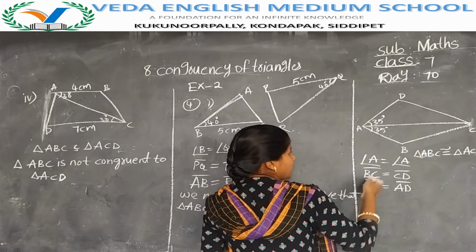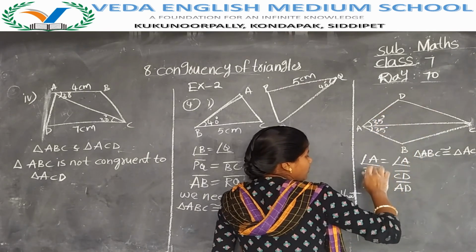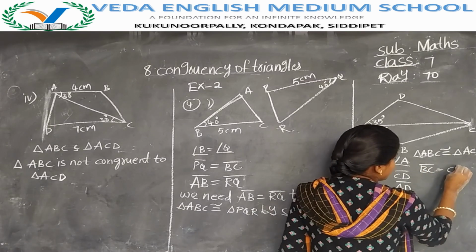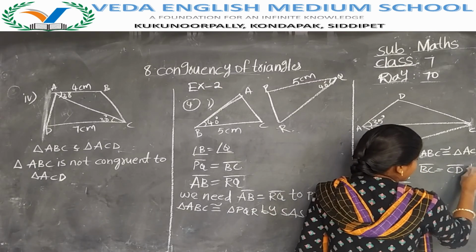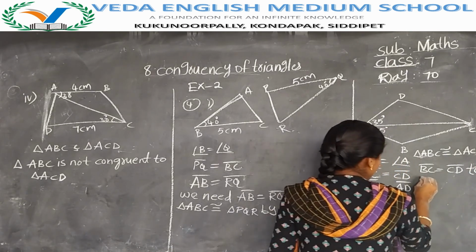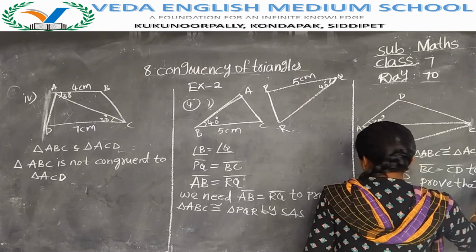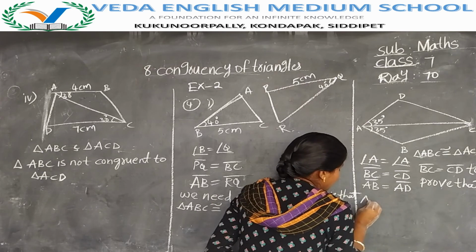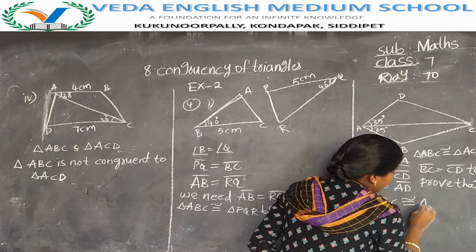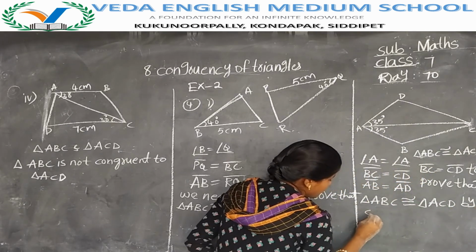Both angles are given, these two sides are equal. So we have to say that BC is equal to CD to prove that triangle ABC is equal to triangle ACD by SAS rule.